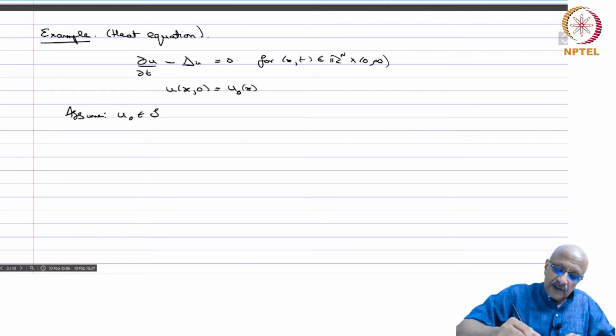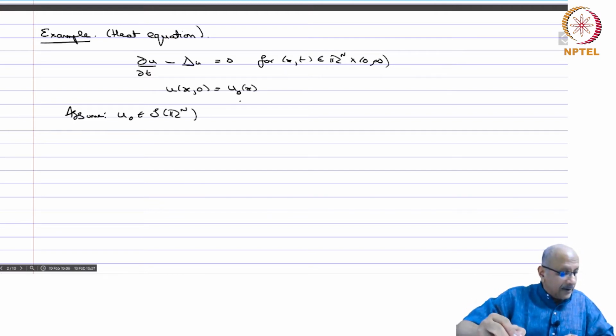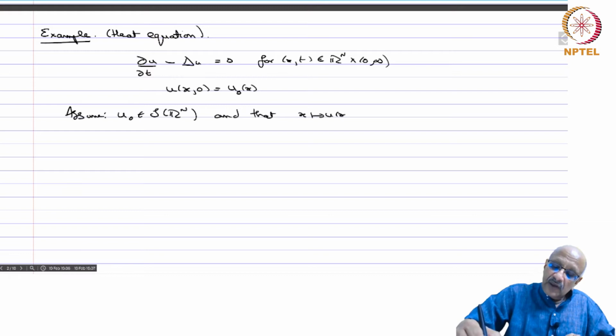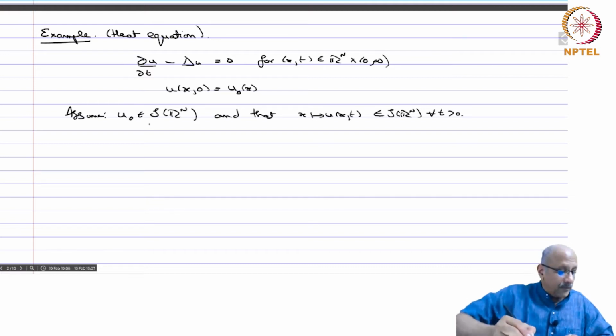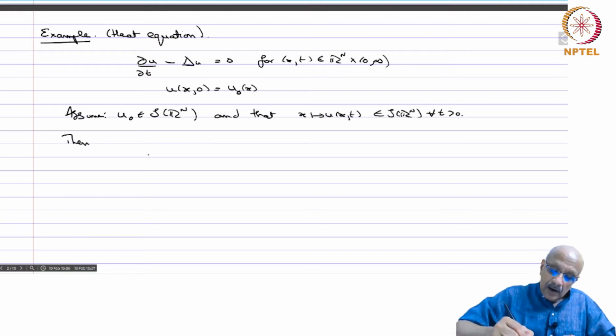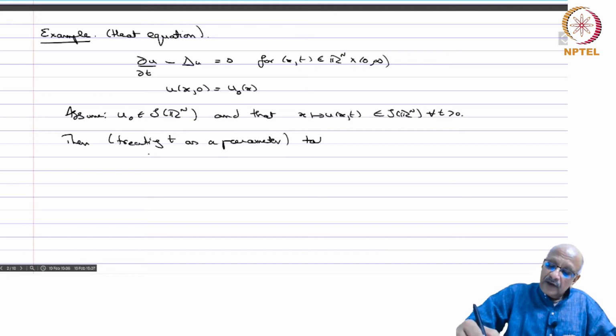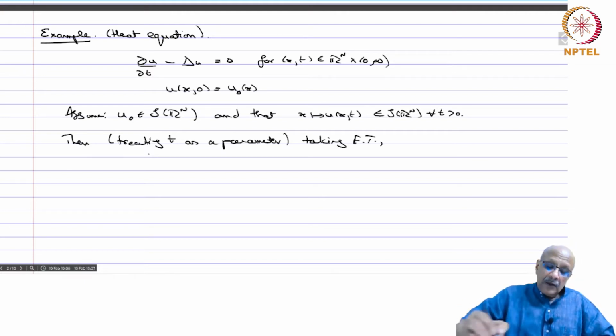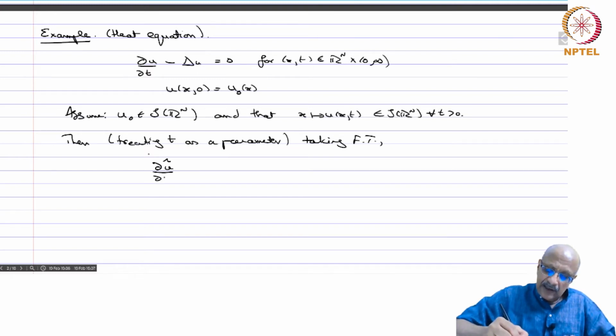Okay, so let us assume u naught is in S of Rn, the initial data is very good, and that x going to u of x, t belongs to S of Rn for all t positive. Then, treating t as a parameter, taking the Fourier transform, du by dt will be just du hat by dt at xi, t.